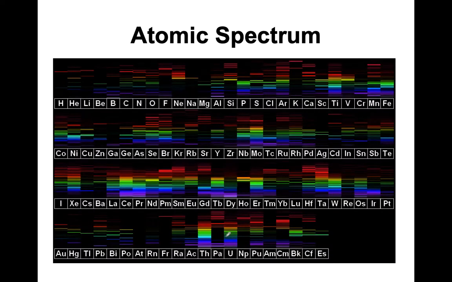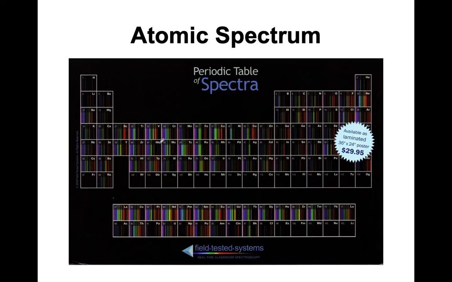This is a larger collection of the atomic emission spectra of elements. You can see each element has a certain pattern of light, and each line is very sharp because of the differences in energy levels of different orbitals. This is another view of the atomic emission spectra of elements on the periodic table.